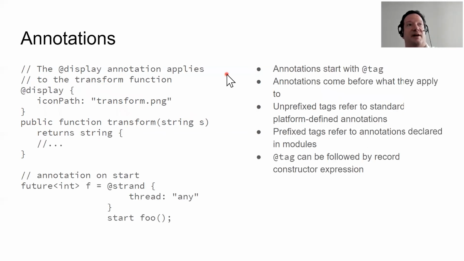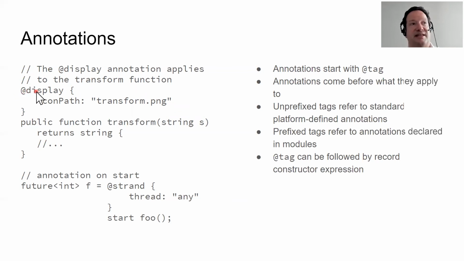And then we have an annotations feature, which uses @. So really we have two kinds of metadata that you can add to a function, and both go before the function. There's @, which is the annotation feature, the general structured one, and then there's hash, which is specific to documentation.